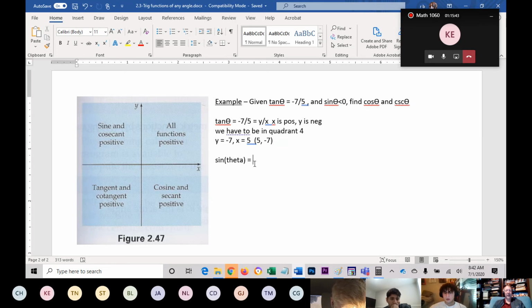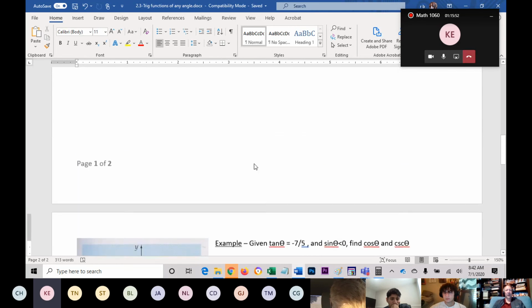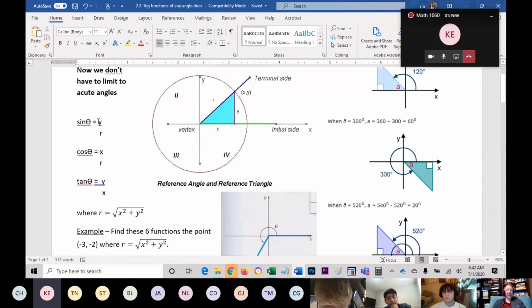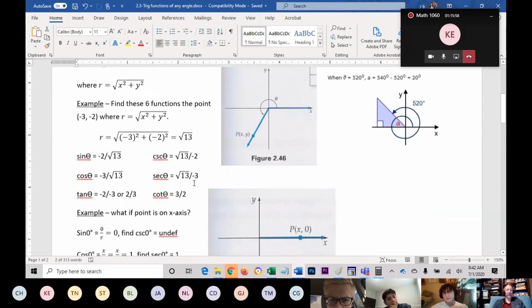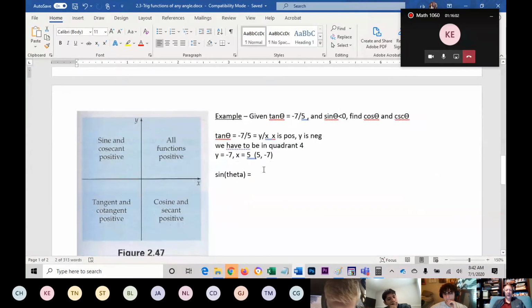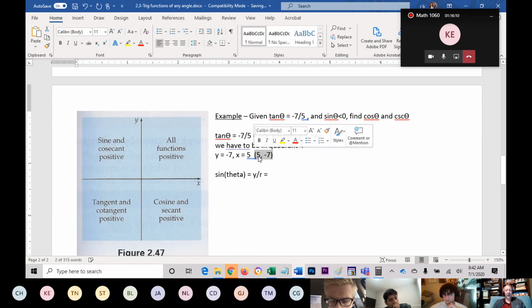We showed that on the last page, but it's been forgotten. Okay, so remember back on the last page, we said the sine was y over r. So that's what I'm looking at. If your sine is y over r, I guess we need to figure out what r is first, right? What's r?